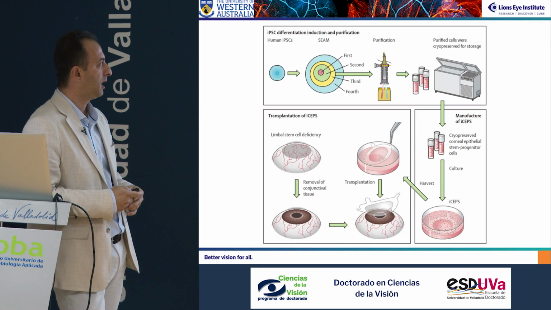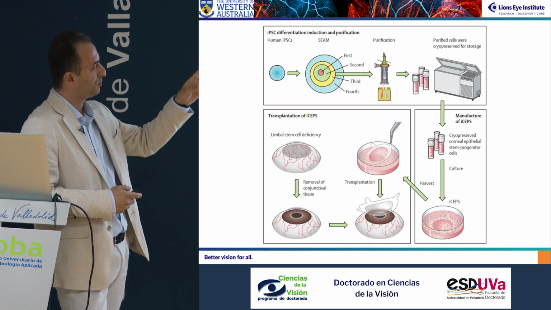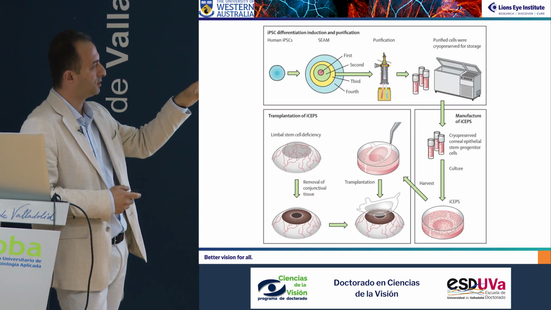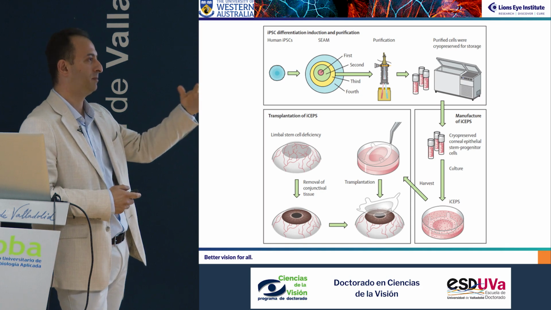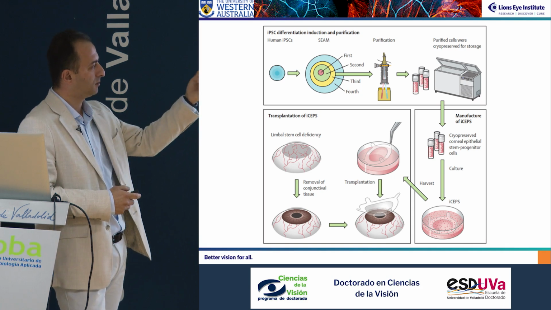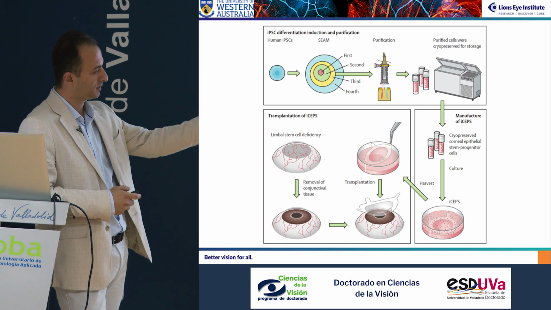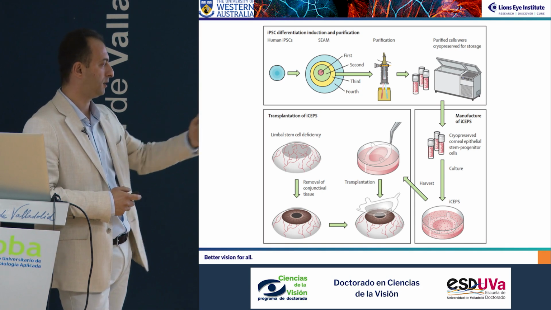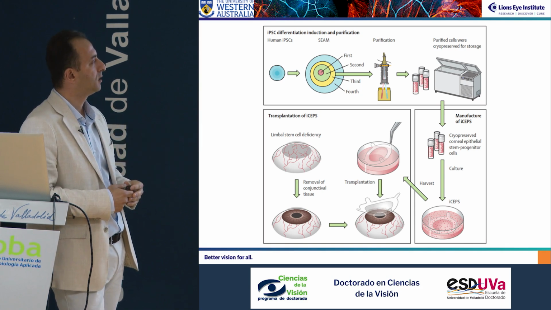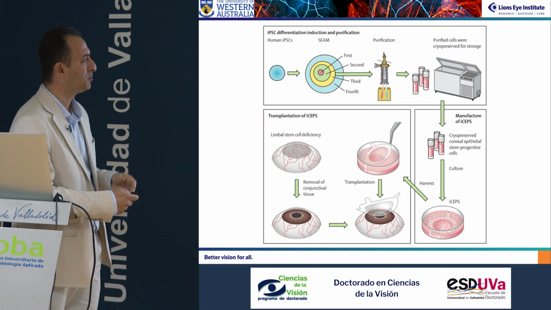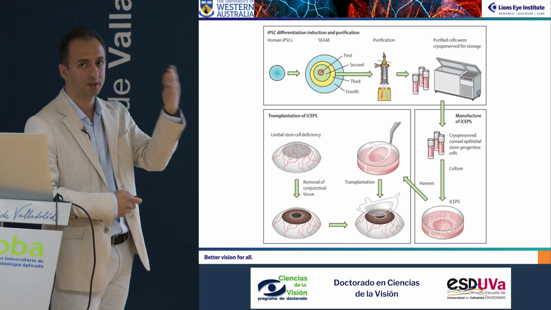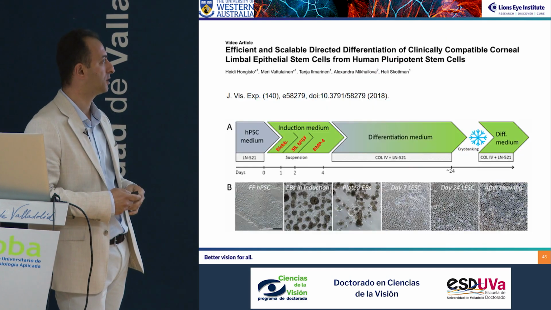After all of this, they cryopreserve the cells differentiated from iPSCs, and then when a patient comes in, they take the cells, seed them on a membrane, and transplant it to the patient's eye. But as I said, this is a lengthy and complicated procedure.